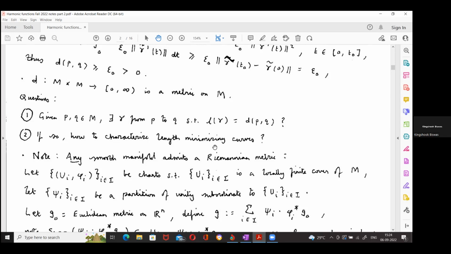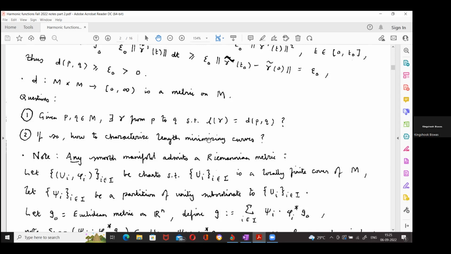So what we want to do is generalize this to Riemannian manifolds. We'll see that at least locally we can find length minimizing curves. Locally they will exist, and these will also be characterized as solutions of a second order differential equation.